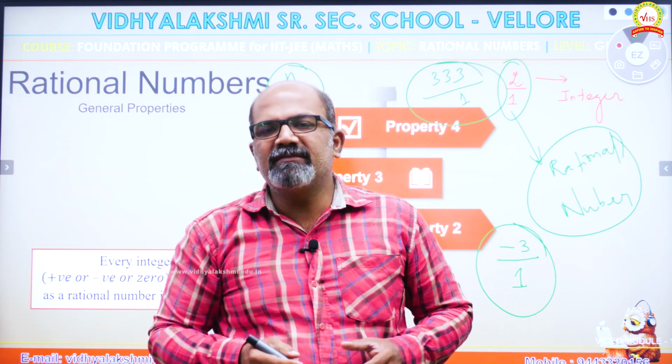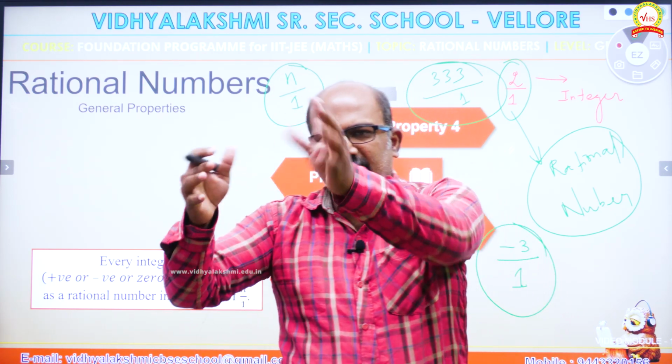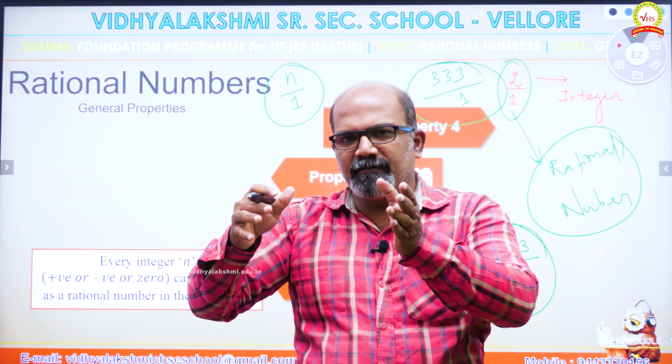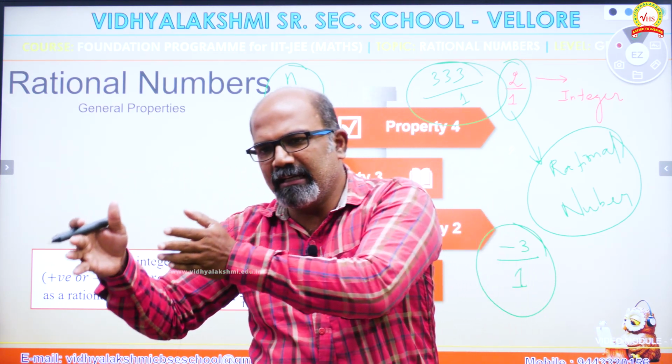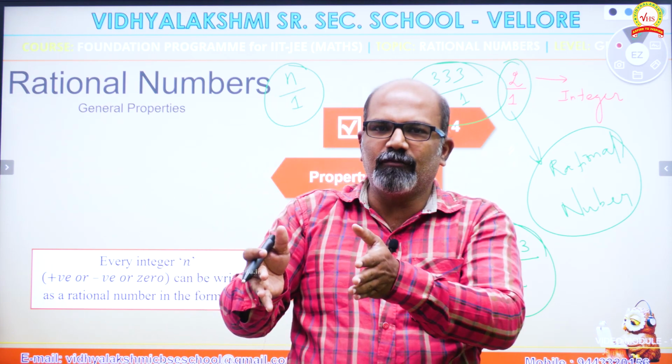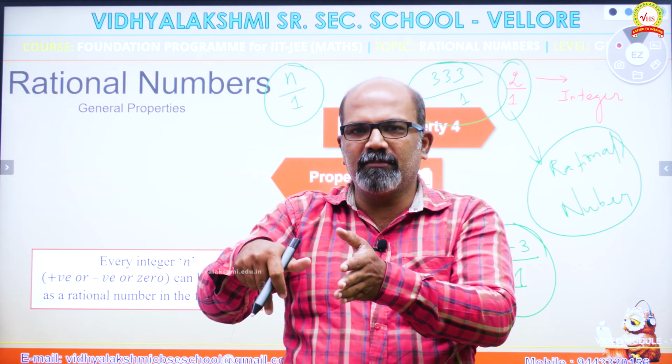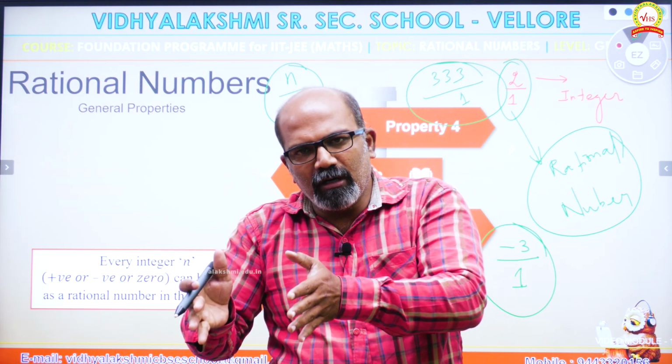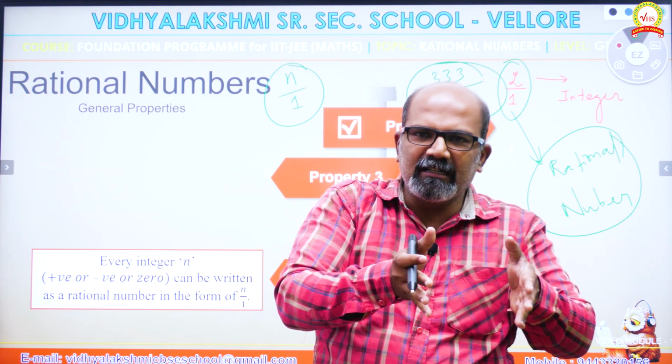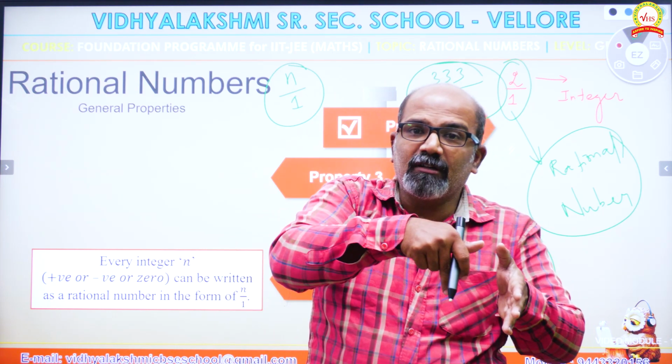In other words, in the first slide we saw that all the natural numbers are included in the set of whole numbers, where 0 is the additional number. All the whole numbers are included in the set of integers, where negative numbers are the additional numbers.